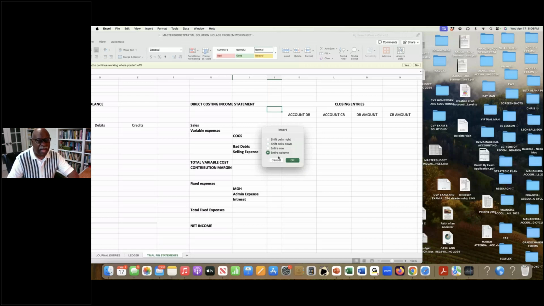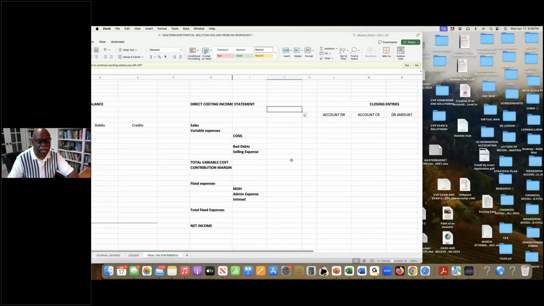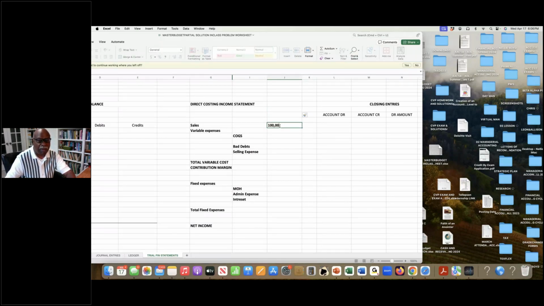So suppose this is our income statement now, and let's assume that the sales were 100,000 and cost of goods sold was 50,000.